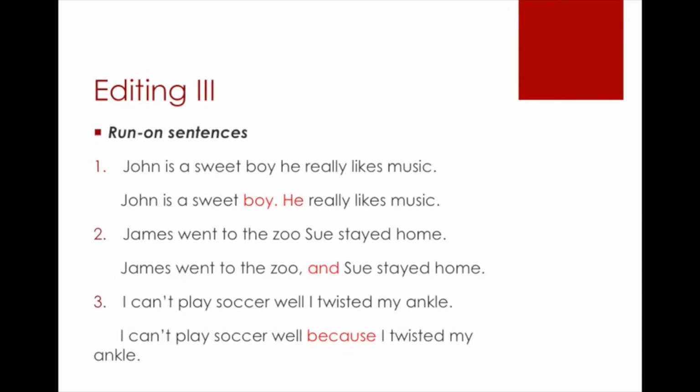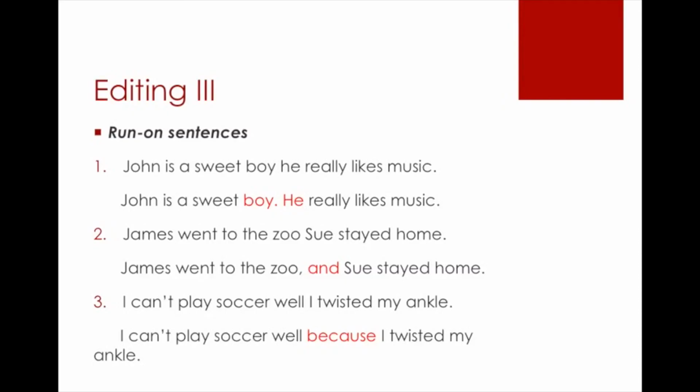Okay? The last is run-on sentences. This refers to more than two sentences fused together without using punctuation or appropriate conjunctions. A lot of ESL writers also make these mistakes, and you also need to check whether your drafts include run-on sentences. I will show you some examples and how to revise them.